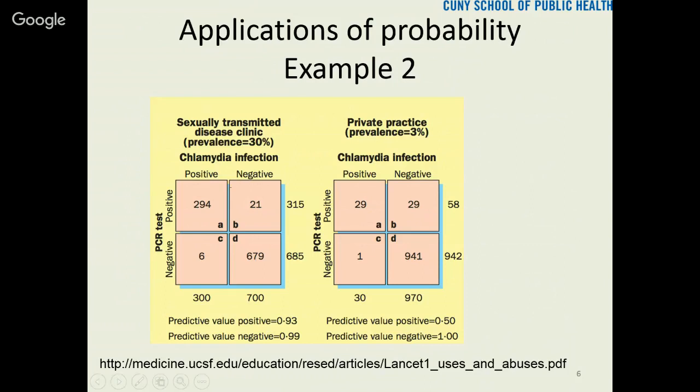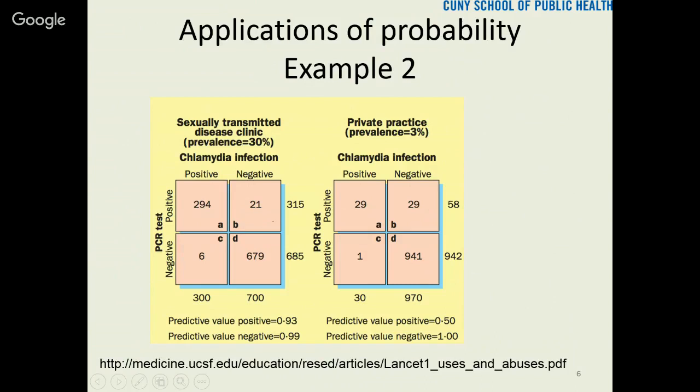So let's see, my mouse here. So properties, and here we have the data. We have positive and negative in the columns. These are from our gold standard. So this is some follow-up where it was determined absolutely whether these individuals have chlamydia or not, and then the results from our screening test.